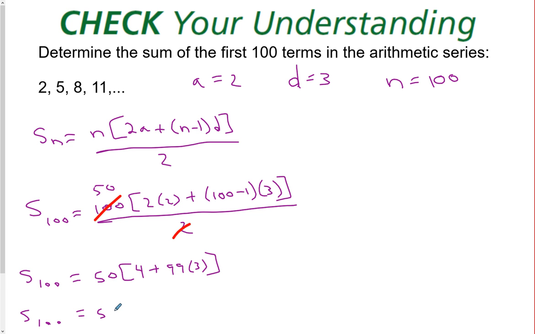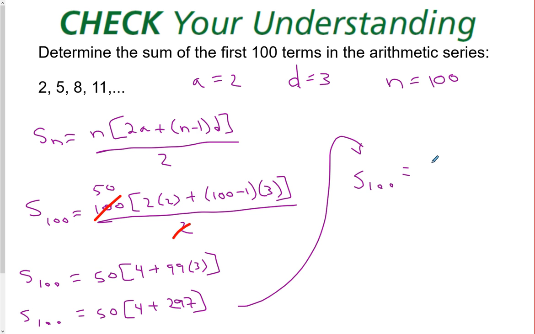So we're going to end up with 50 times 4 plus 297. Let's move that up here to finish. So we got 50 times 301. And that's going to be 15,050.